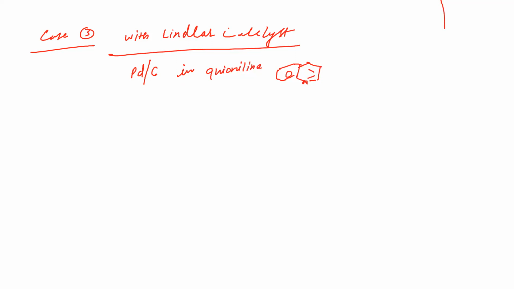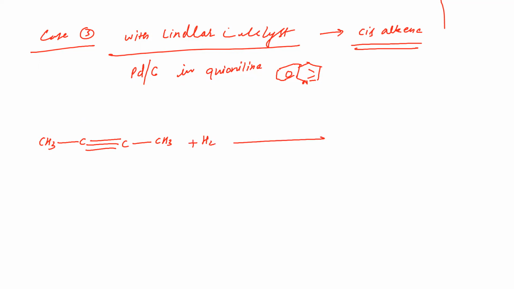Here, if you use Lindlar catalyst, what is it going to give? This is the cis alkene. So let us see what we have: CH3, C triple bond C, CH3, and here is the hydrogen you are using, with palladized charcoal, Pd/C. Both hydrogens will go from the same side.